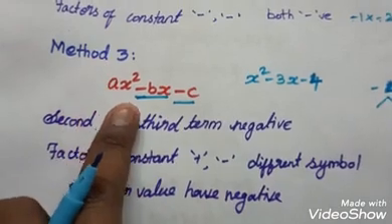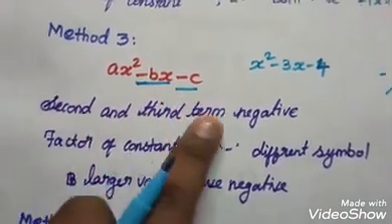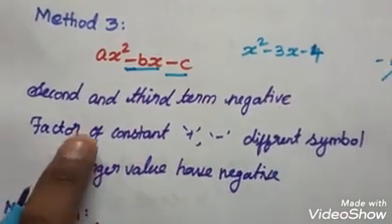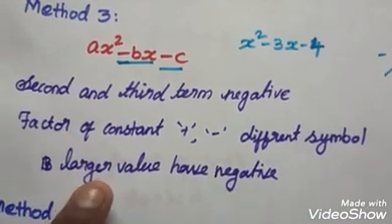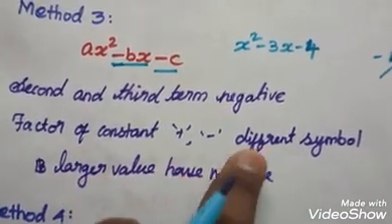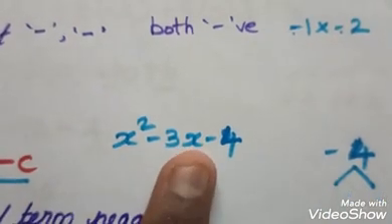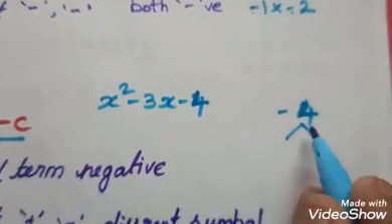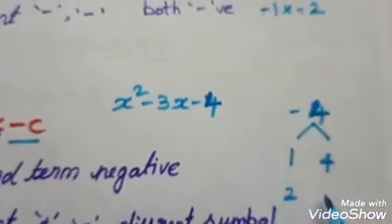Let us see method 3. Here ax square minus, so the second and third terms are negative. In that case the first condition is that the factors have different symbols, and with different symbols we take the larger value as negative. So I take this example: x square minus 3x minus 4. Minus 4, what are the factors? They are 1 times 4 is 4, and 2 times 2 is 4.